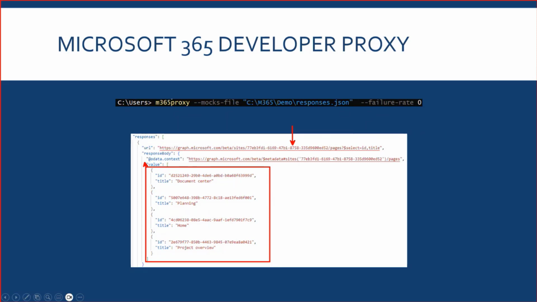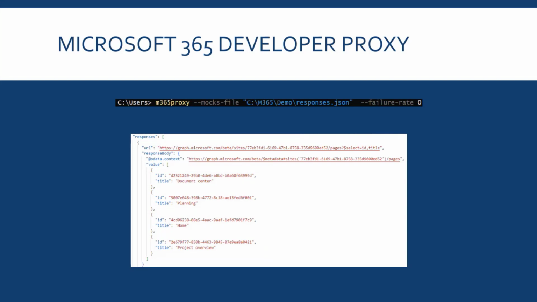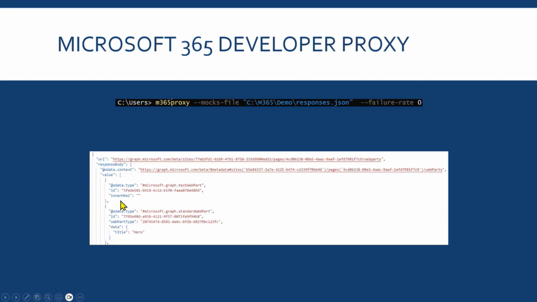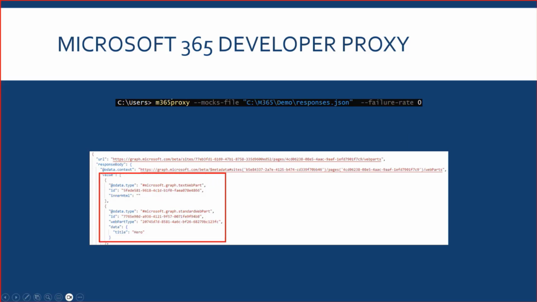And I can do the same for the web parts, meaning that for each page, I've created a set of web parts to return. So instead of creating many pages and for each page adding many web parts, I just have to create all the data in a JSON file and then launch the proxy.